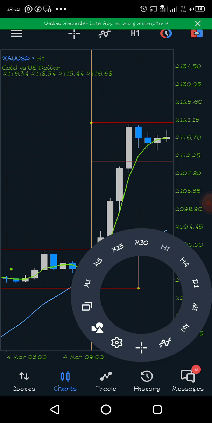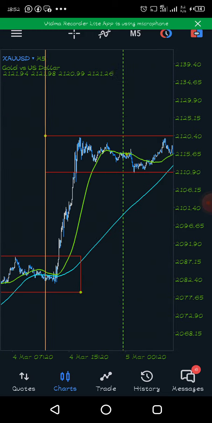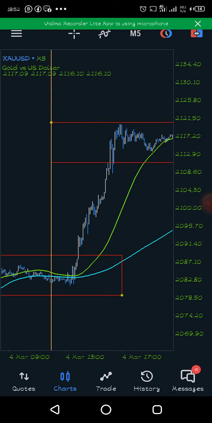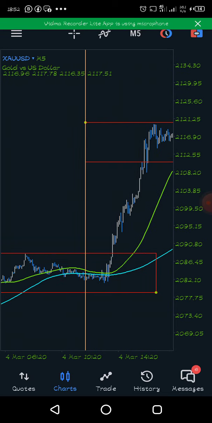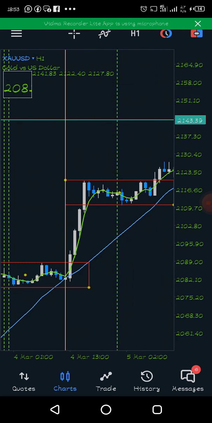Now let's go back to 5 minutes and see where it happened. Wow. You can see exactly where it happened again. This happened at the same breakout of the 200. And what surprises me most is that the 5 minute never touches the 21 here.